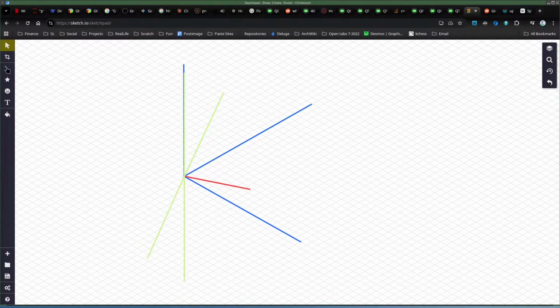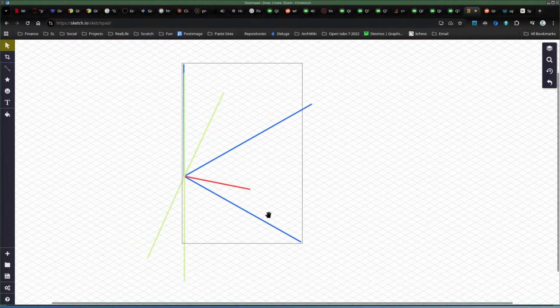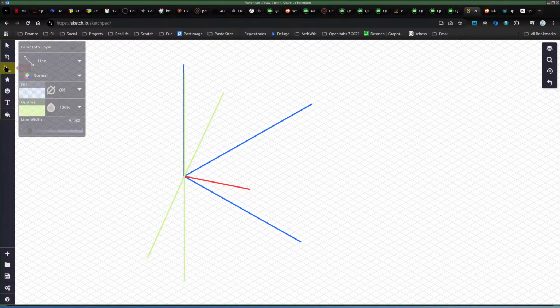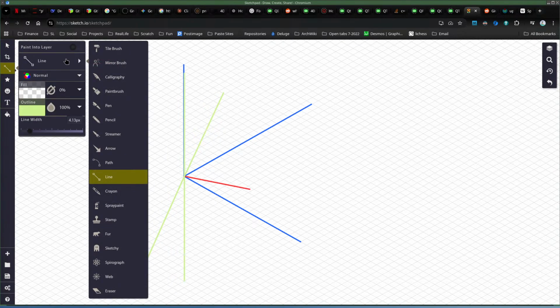And then I think my most important insight here is that if we have a point that is already in the plane, I need to be able to draw a point now. Let's make this pencil.